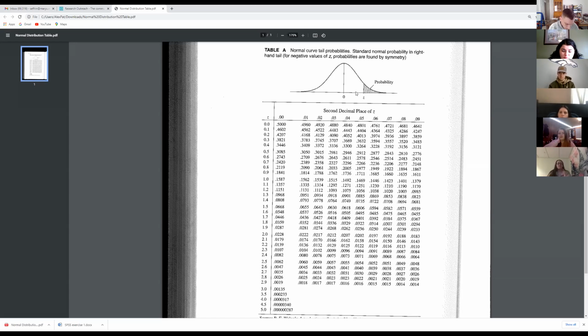So to find what proportion of scores fall below the z-score of 1, it would just be 1 minus 0.1587, and that is 0.8413. So a little bit above 84% of the distribution falls below the z-score of 1. That is true because the thing is perfectly symmetrical.